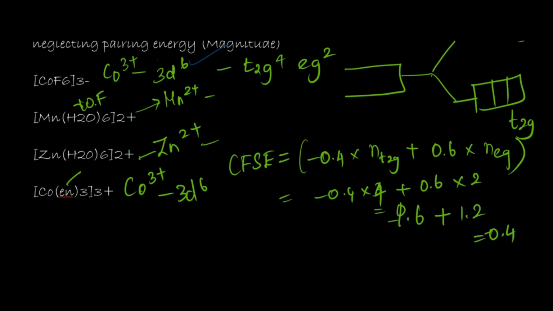En is absolutely a strong field ligand, so it will form T2G6. T2G6 means -0.4 into 6, which is -2.4, with 3 pairings. They are asking us to neglect the pairing energy, so we are neglecting that. Still we are getting 2.4 as the answer. So this becomes your answer.